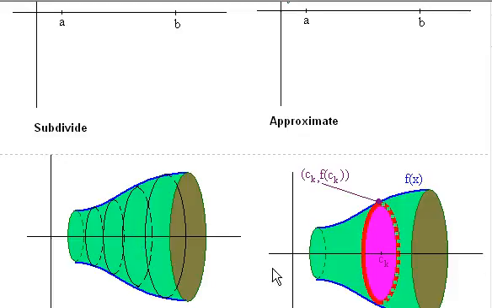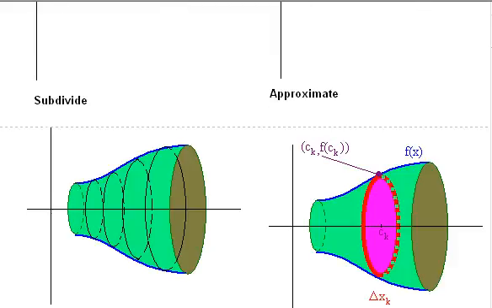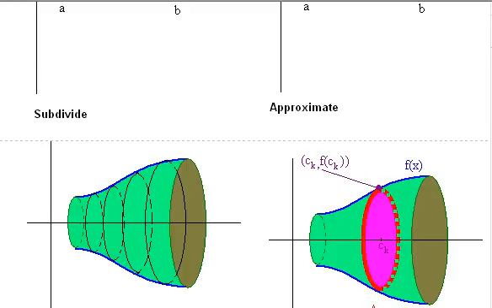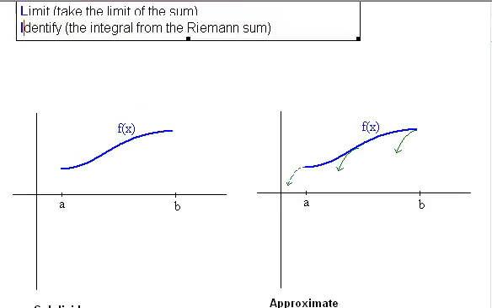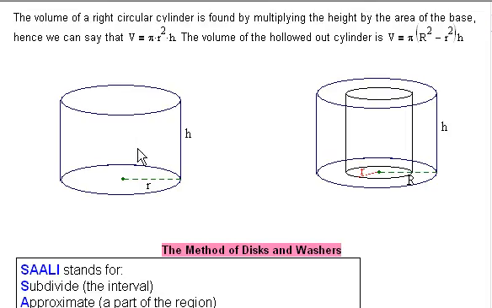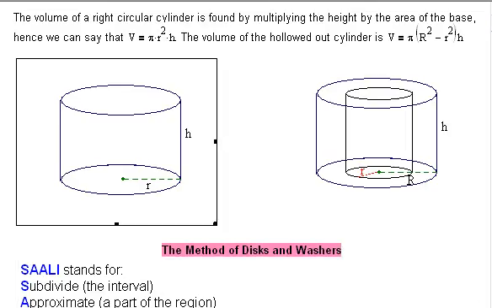And we're going to pick one of these, maybe one about in here somewhere, and approximate this solid figure with a disk. Well, the disk is really nothing more than a fancy cylinder, one of these turned on its side, of course.